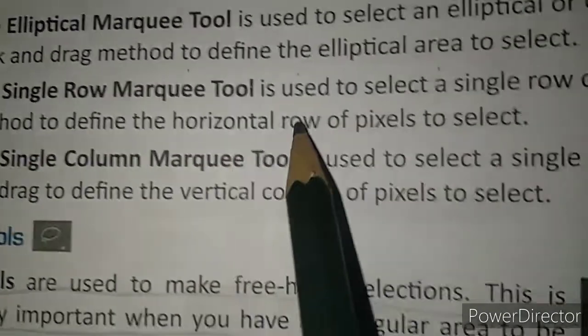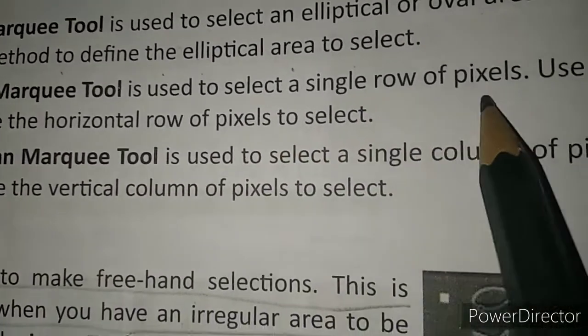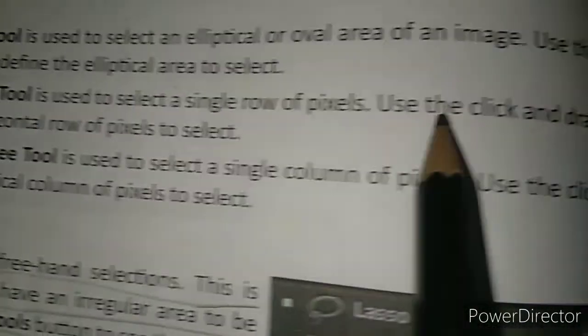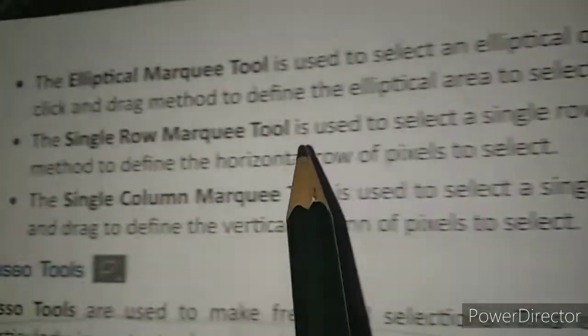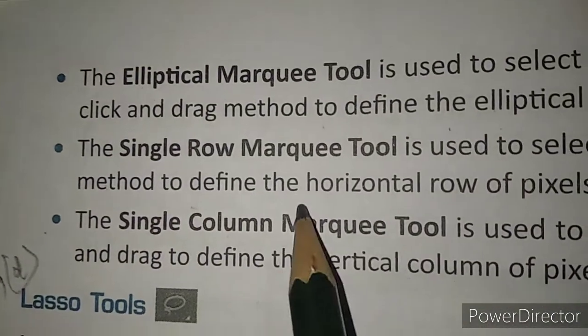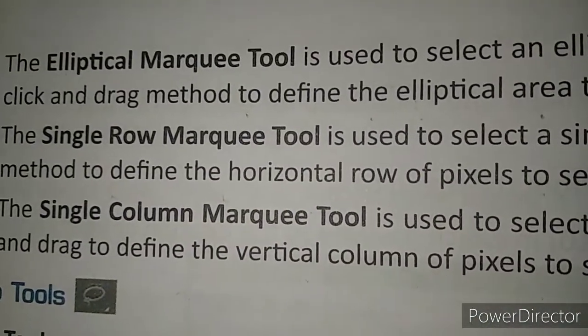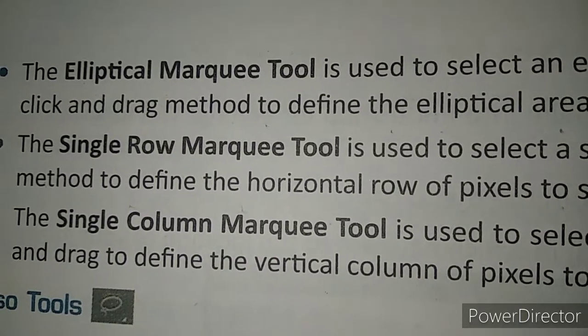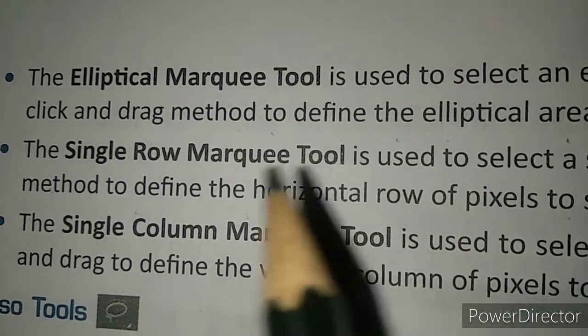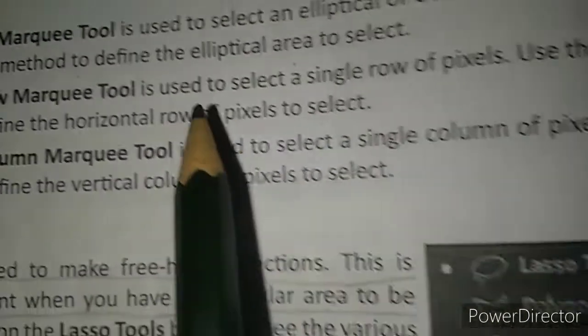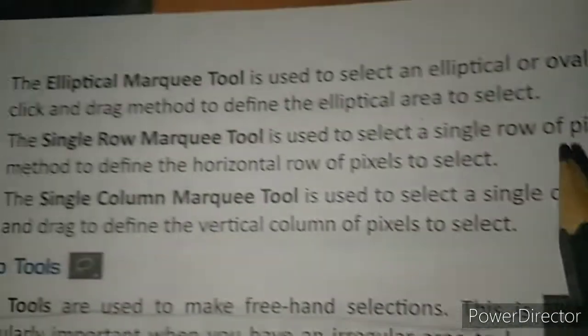Now the single row marquee tool is used to select a single row of pixels. Use the click and drag method to define the horizontal row of pixels to select. It means the whole screen is made up of different pixels, and if you select the single row marquee tool, it will select a single row of pixels.